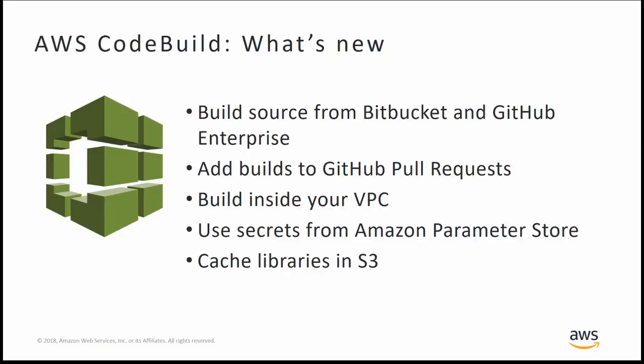You can now add builds to GitHub pull requests, so you can automatically kick off builds from a pull request. You can build inside of your VPC, which I'll show you an example for later. You can use secrets from Amazon Parameter Store, so you can load secrets like a database password into your build environment securely. And finally, you can cache libraries in S3 now with Code Build, and I'll show you an example of that as well.